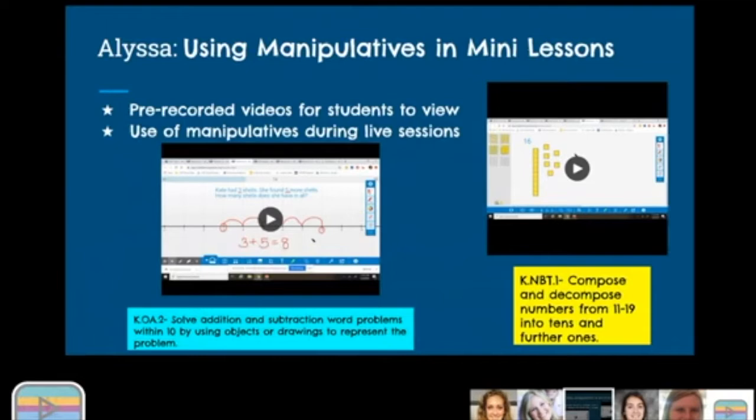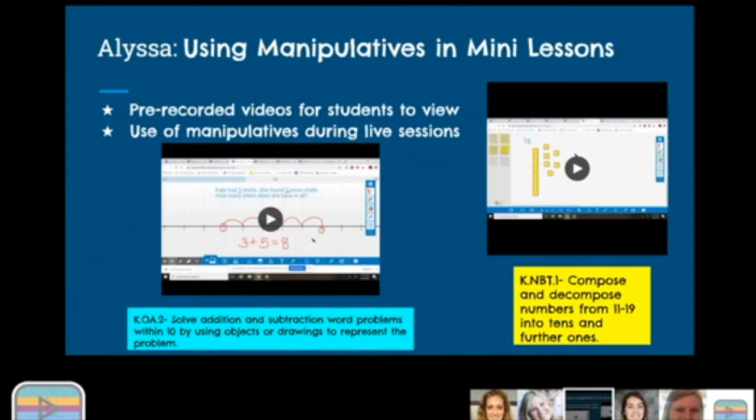If you want to take a look at the lessons that I've shared with you, you will see how I modeled the use of both tools, including the number line and number pieces tool, for my students. By doing this, it helps students to have an understanding of how to use the tools when completing their assigned work with the given manipulatives.